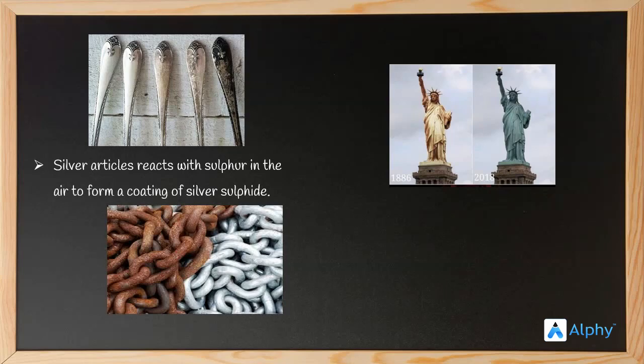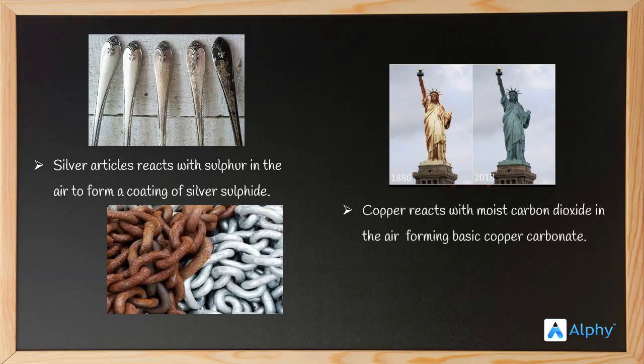But chemically, what happened? Copper reacts with moist carbon dioxide in the air, forming basic copper carbonate. Copper carbonate is chemically more stable than copper and it has a greenish appearance, which is what you see on the statue.